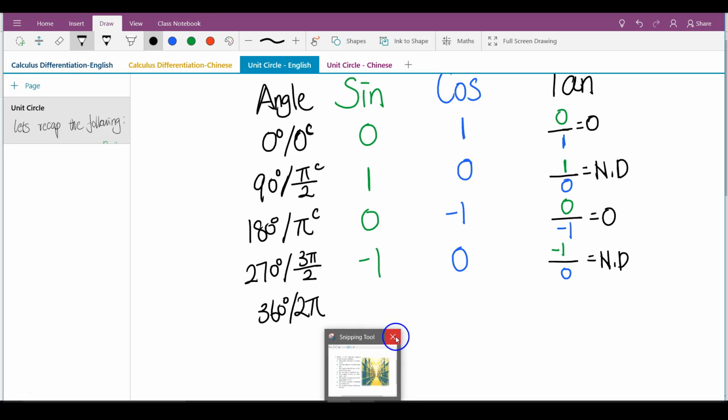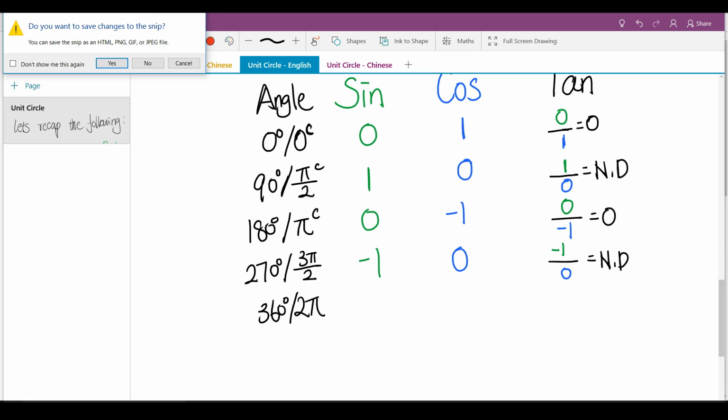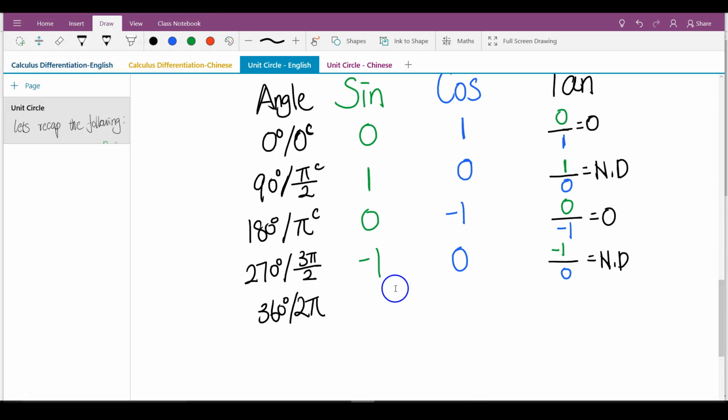And we know that it has the same coordinate as the angle of 0, so we can just copy that. Right, so the tan of that is the same as before, so it's 0 over 1 equals 0.